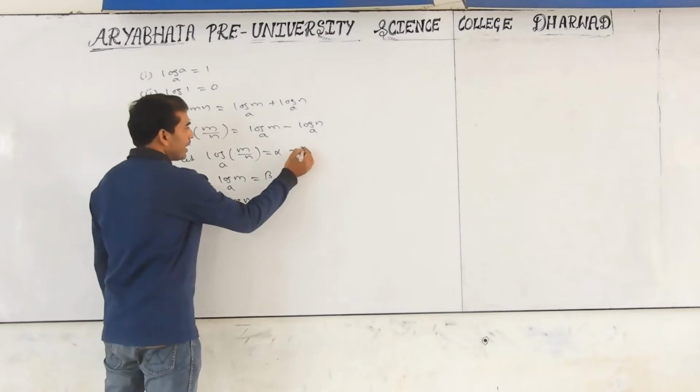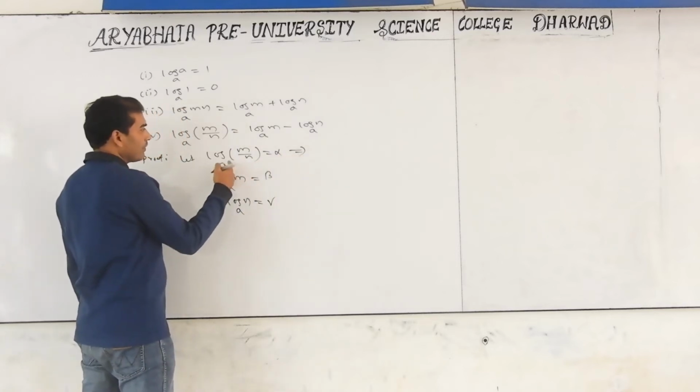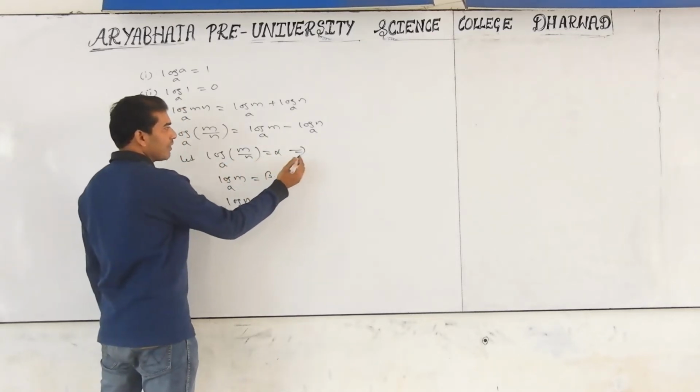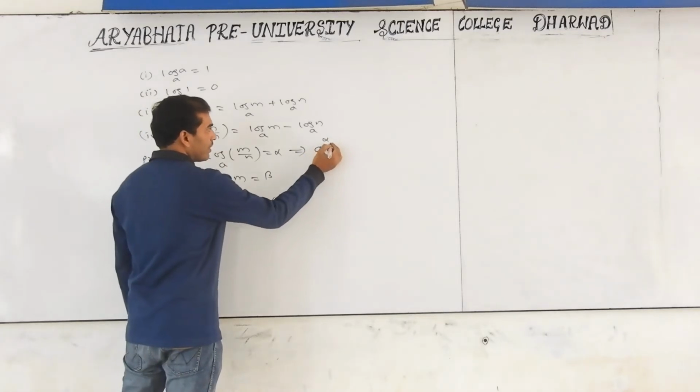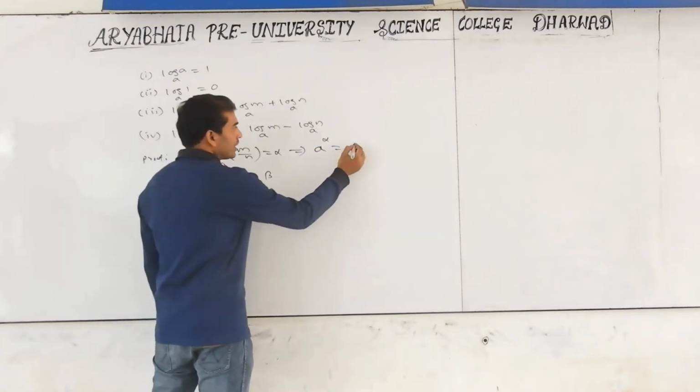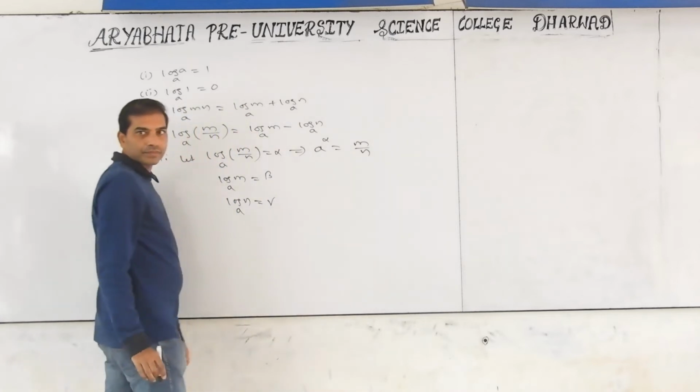In expansion form, log of m by n base a equal to alpha means a power alpha equals m by n.